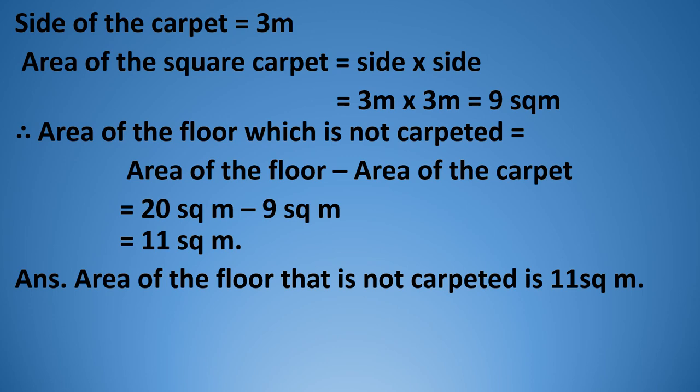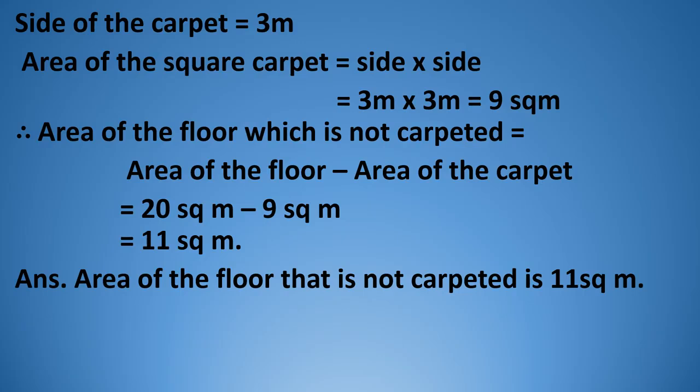I have asked you now that from the floor's area, take out the portion of that floor on which we have laid the carpet. That means we will take out the area of the carpet. So it is equal to 20 square meter minus 9 square meter, which is equal to 11 square meter. So your answer is, area of the floor that is not carpeted is 11 square meter. Clear?